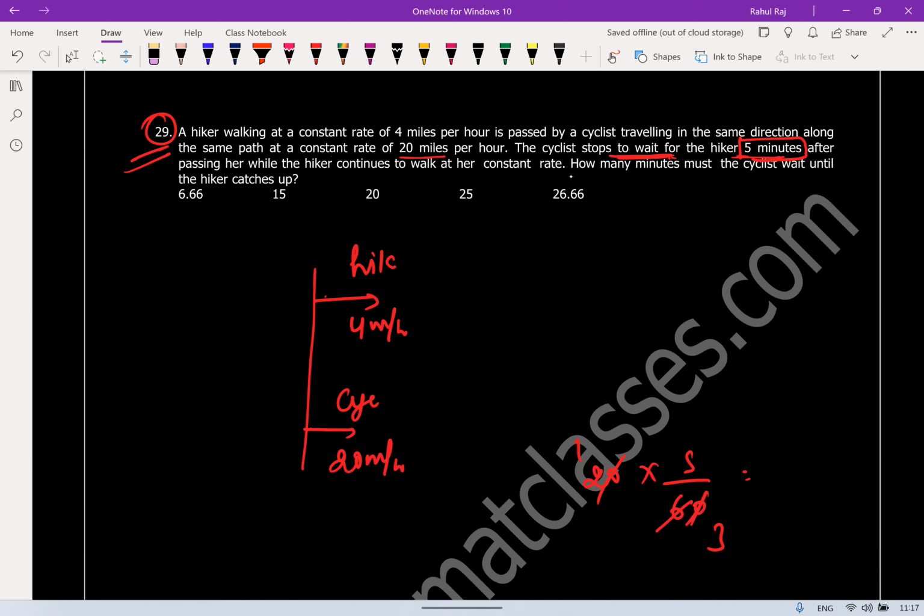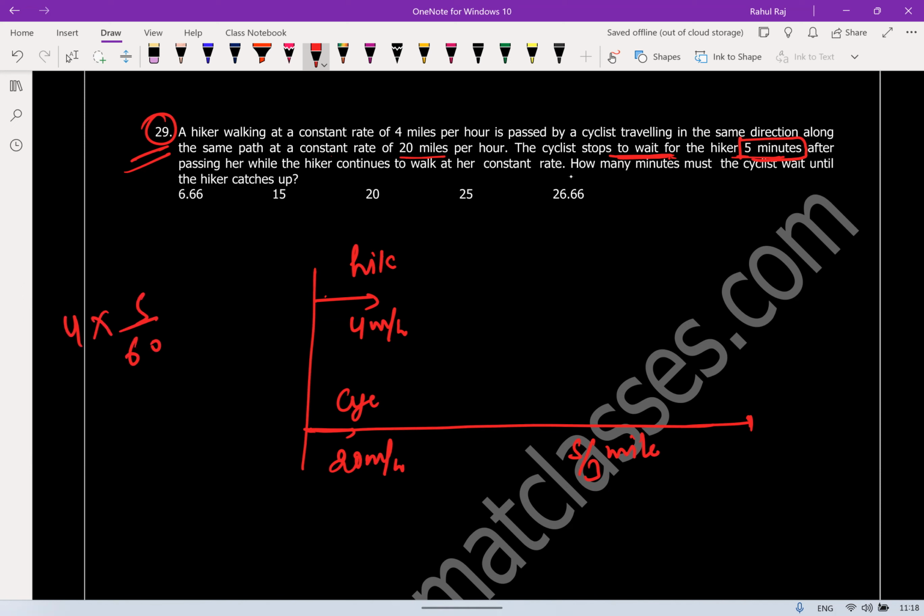It is 20 into 5 by 60. So the cyclist traveled 5 by 3 miles. Simple logic in 5 minutes. So in 5 minutes, the hiker must have also traveled something. That is 4 into 5 by 60, 1 by 3 miles. So the hiker has traveled 1 by 3 miles.